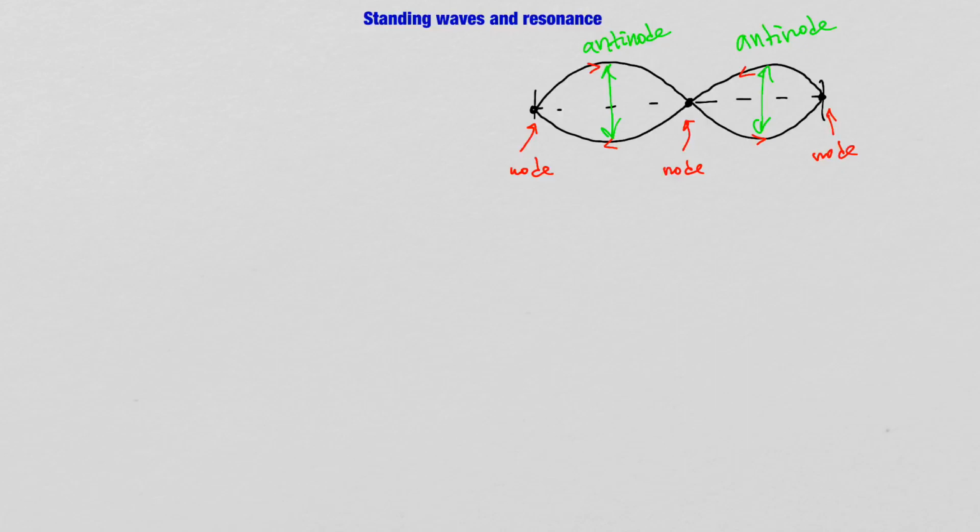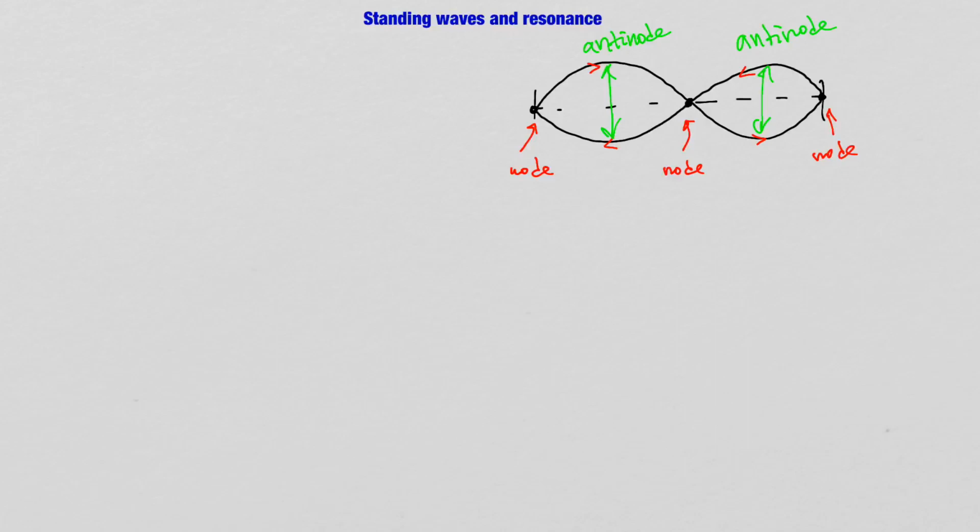All right, so let's see if we can figure out some conditions that help us to determine the positions of the nodes and antinodes in a standing wave. Due to the nature of formation of standing waves, we have a wave that propagates to the right and then a wave that propagates to the left.